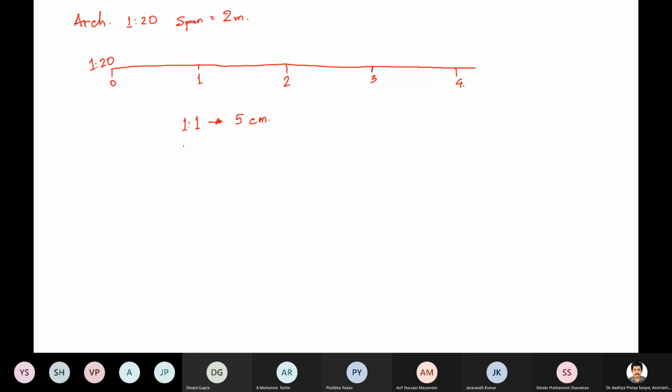Fine. Now try to draw with that same 1:10 scale, 5 centimeters. Can you do it? On the same page, try drawing it.